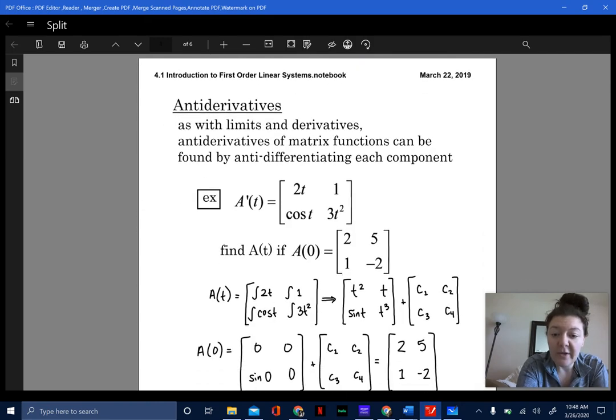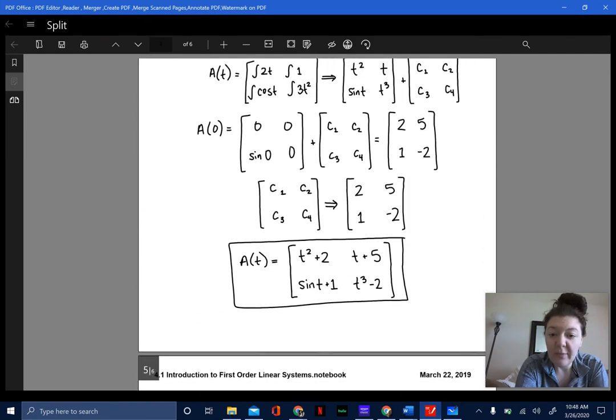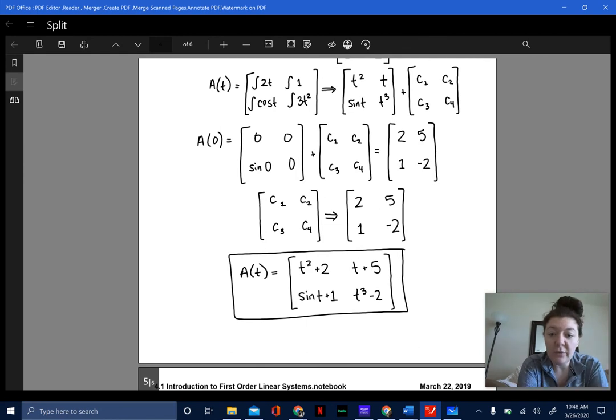It'll be written out a little more nicely. And again, these are the ones that I'm going to post. Okay. So if we have C1, C2, C3, C4 right there, again, just plugging them in with their corresponding elements right there. Okay, so that's really it for antiderivatives.